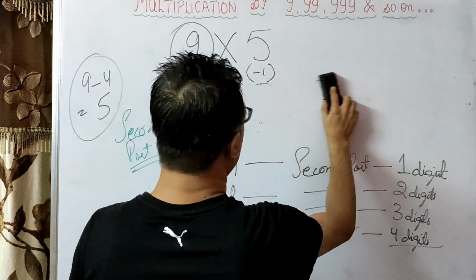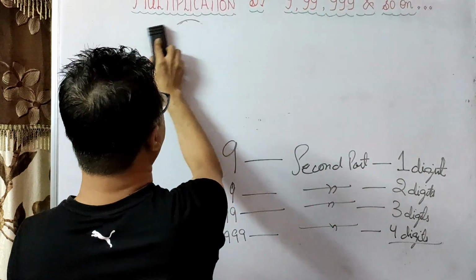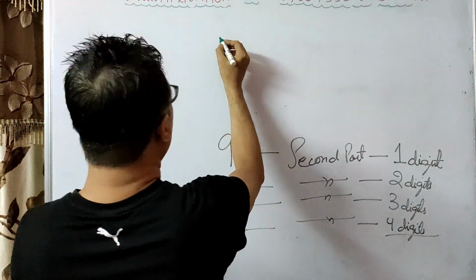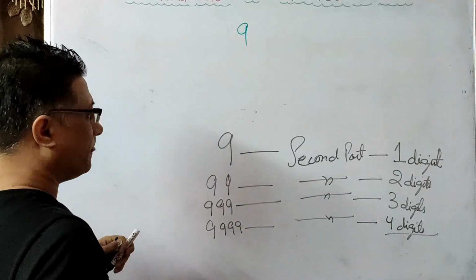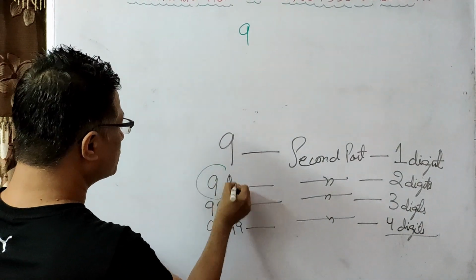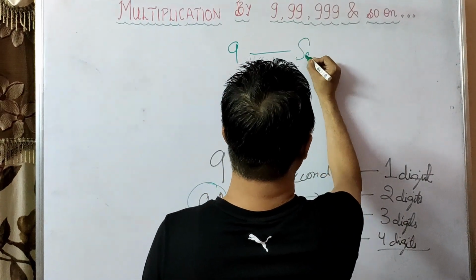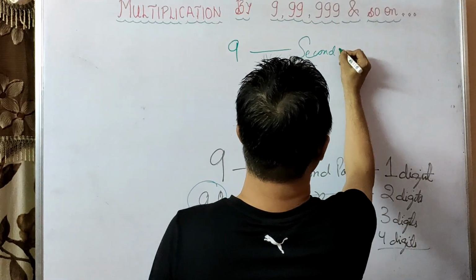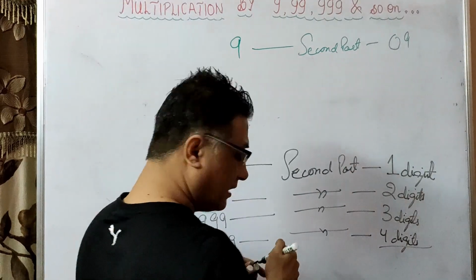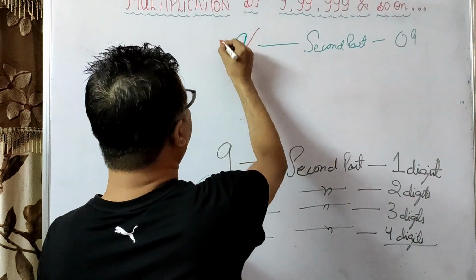Now, for example, if the second part of the answer is 9 and we are multiplying by 99, suppose, then the second part of the answer will become 09. It will become 09 and it will not be 9.